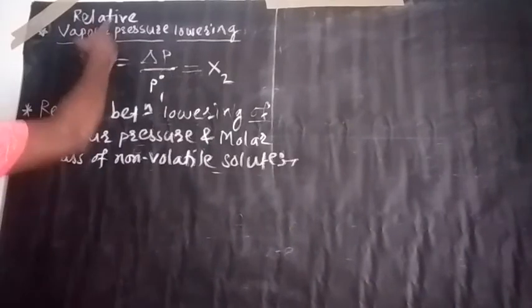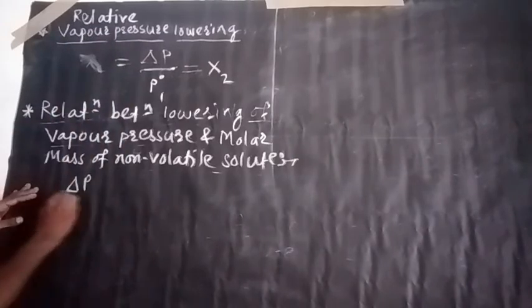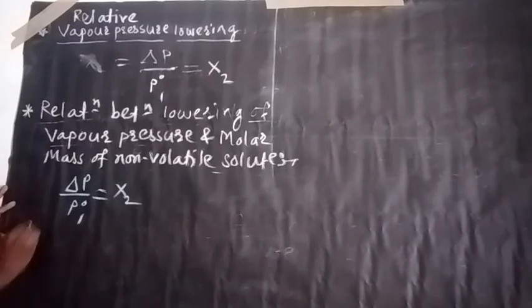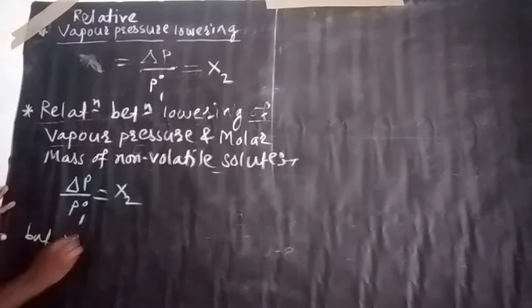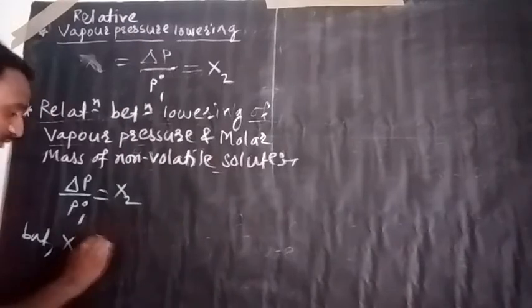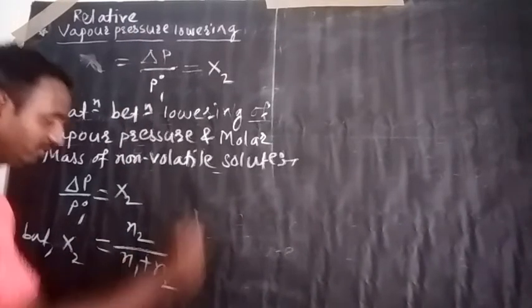As we know, according to the relative lowering of vapor pressure, we can write delta P upon P01 is equal to x2. But we know x2, the mole fraction of the non-volatile solute, is always equal to n2 upon n1 plus n2.